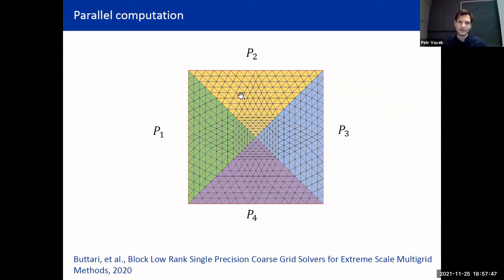And in parallel computation, the nodes or the degrees of freedom are associated to different processors, and the processors run the computation in parallel, and they are communicating with each other. So on the fine levels, each processor has lots of unknowns, so the computation part takes a lot longer time than the communication.